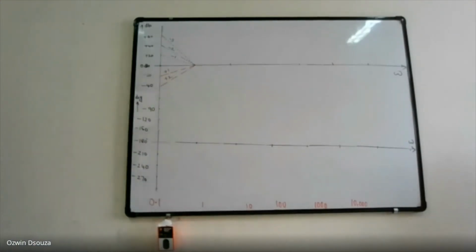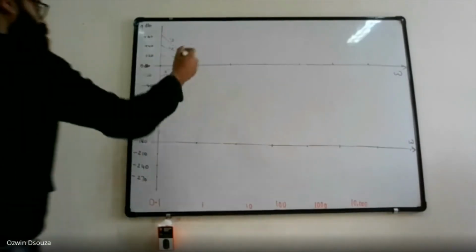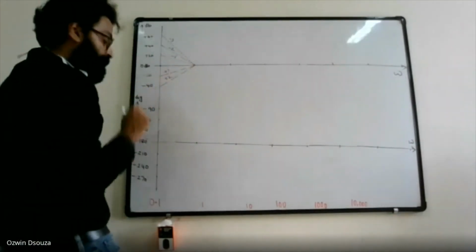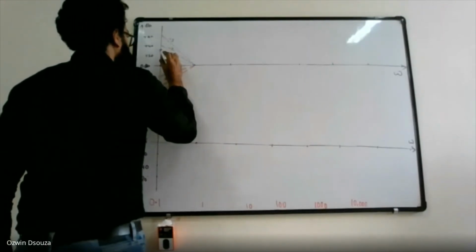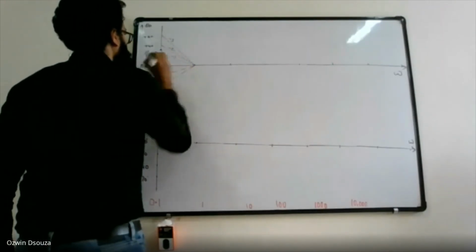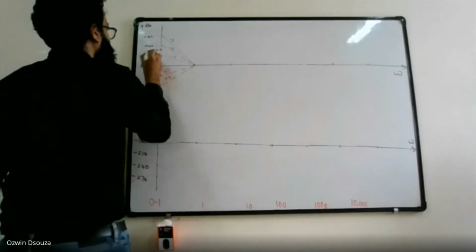Now coming back to the magnitude plot, we see that the magnitude is 26 decibel at 0.1. So you have to mark the initial magnitude at 0.1. That is 26 decibel. Let's say somewhere here is your 26 decibel.